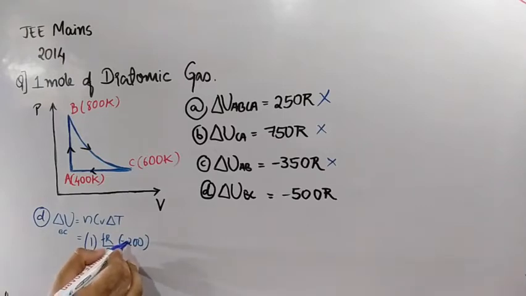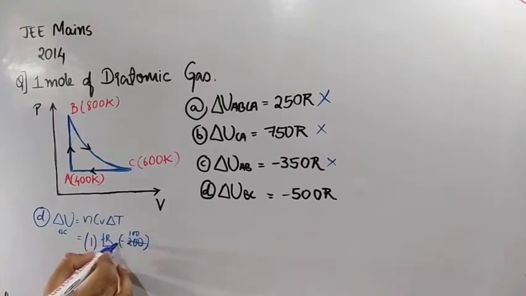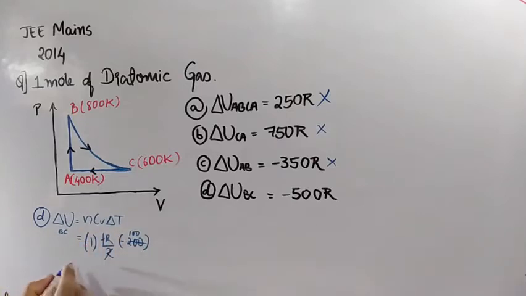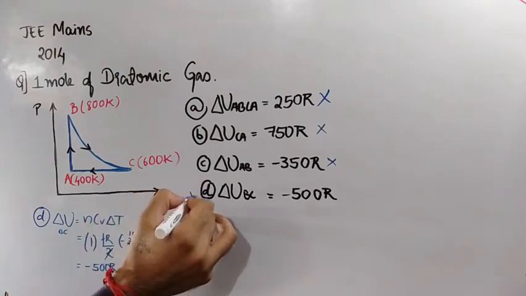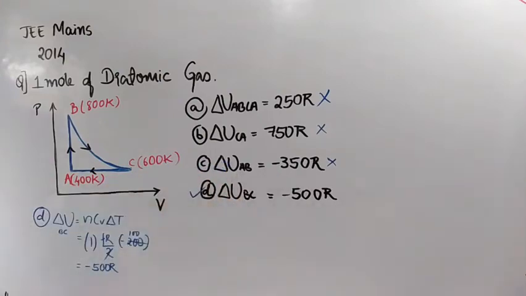So the 2 ones are 200, it will cancel, negative sign is there. f value is 5, 5 into minus 100, minus 500R. Clear? So option D stands as the correct option for this question.